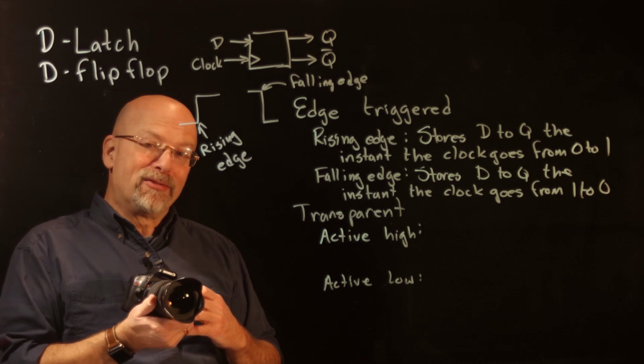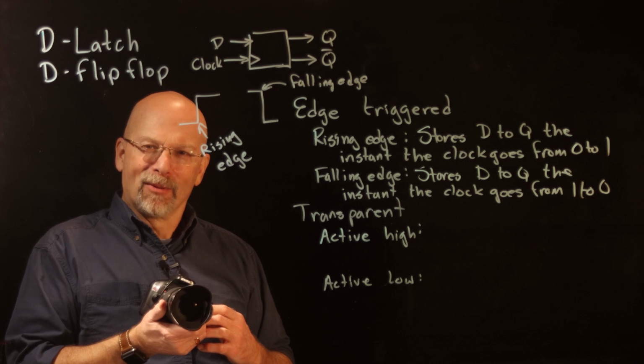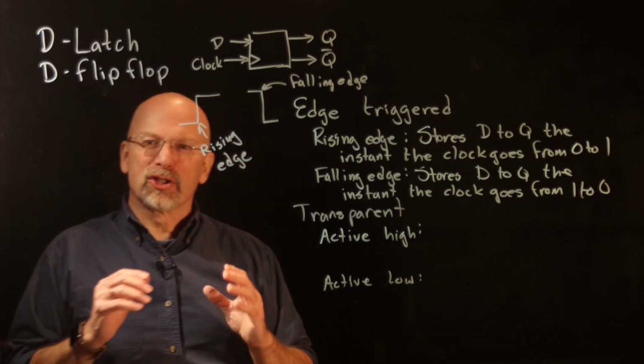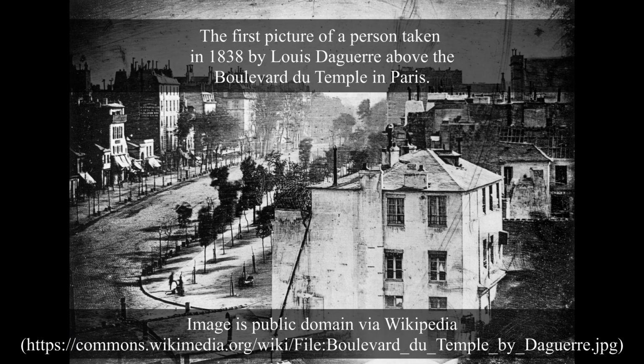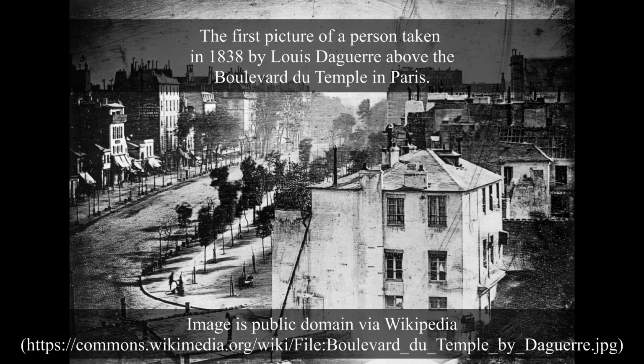The very first picture of a human being, what was it? Well, it turns out that this picture was taken on the streets of Paris. Now, back in those days, in order to get the image properly burned, you had to keep the lens open or the shutter open for a very long period of time. So, the camera was pointed down onto a street in Paris. And this street was actually filled with people.